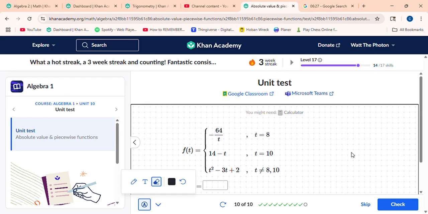Let's see. Going to f of t is equal to 64, t equals 8.